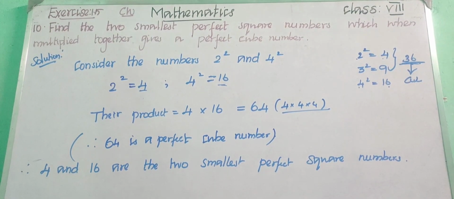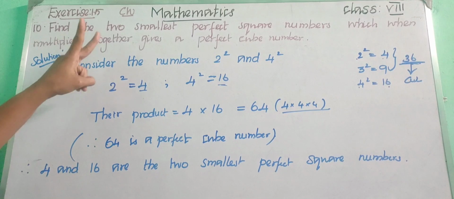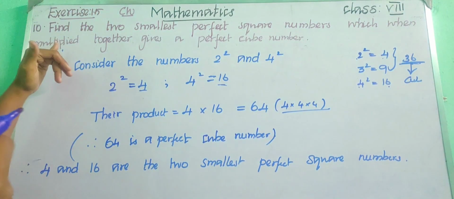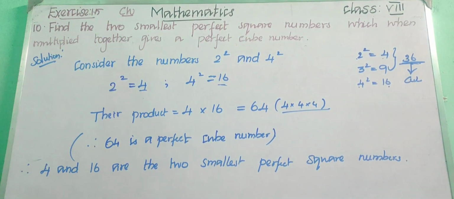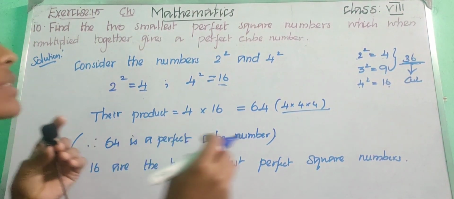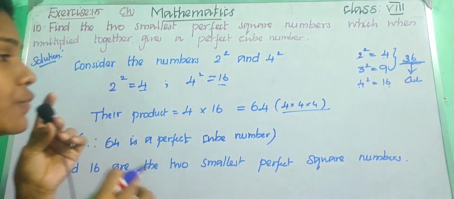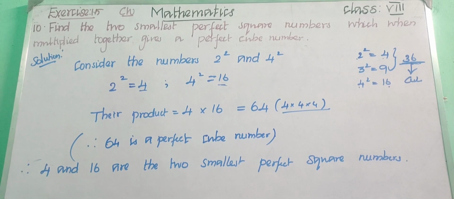Very easy, right? Simply, what is given? Find the two smallest perfect square numbers. We need to find two perfect square numbers, so we have written the square numbers here, which when multiplied together give a perfect cube number. If you multiply those two numbers and you get the answer as a perfect cube number, that is the answer.